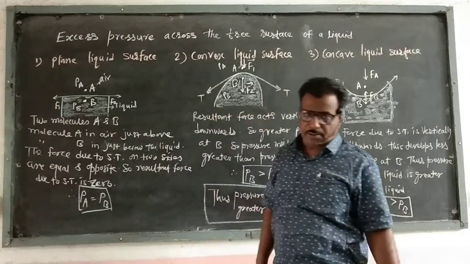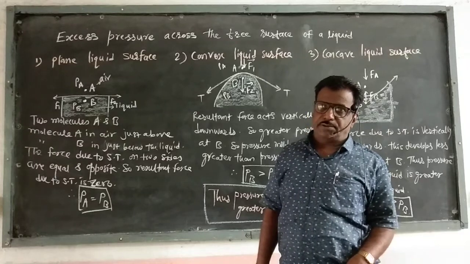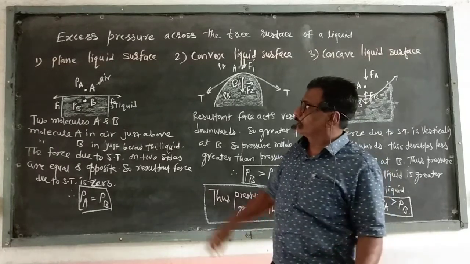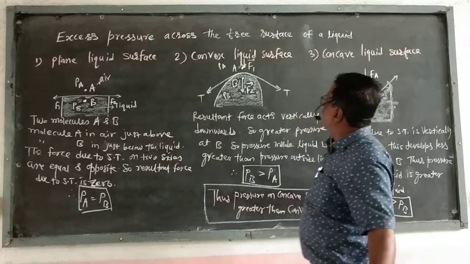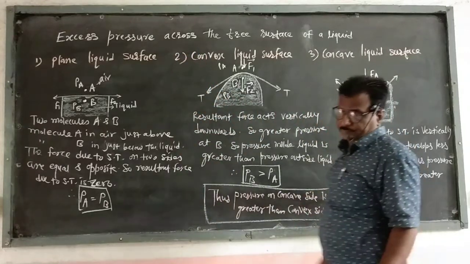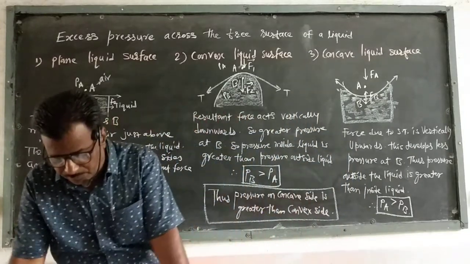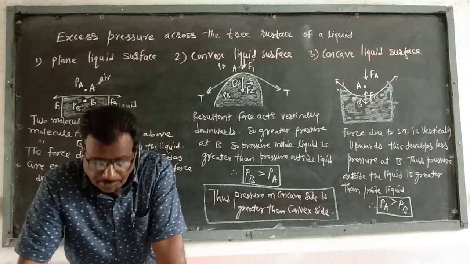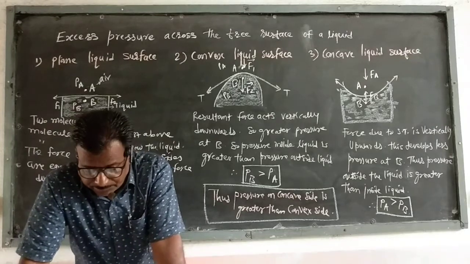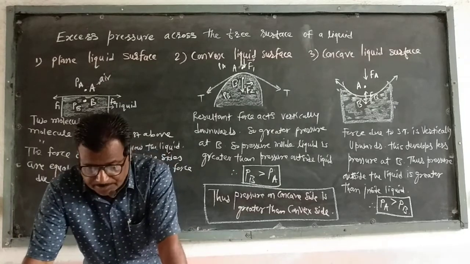Now, in today's video, we will see our next point, that is excess pressure across the free surface of a liquid. We know that every molecule of a liquid surface experiences force due to surface tension, which is tangential to the liquid surface at rest.